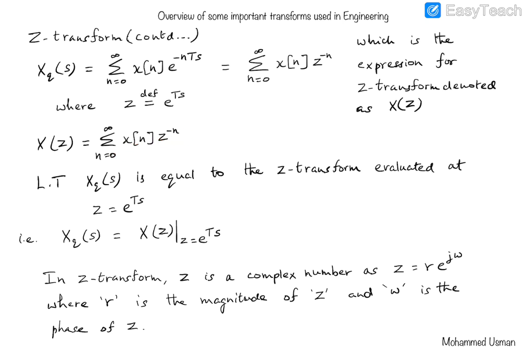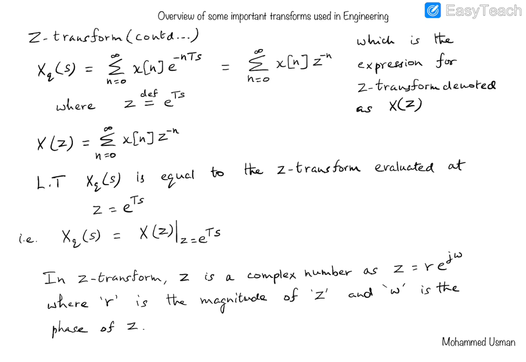What we see here is that the Laplace transform xq of s of the sampled signal xq of t is equal to the Z-transform evaluated at z equal to e power Ts. Or conversely, the Z-transform is nothing but the Laplace transform of the discretized signal x of t.